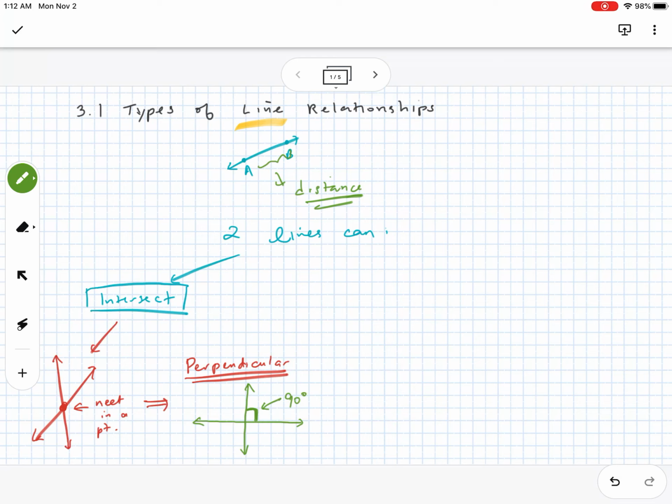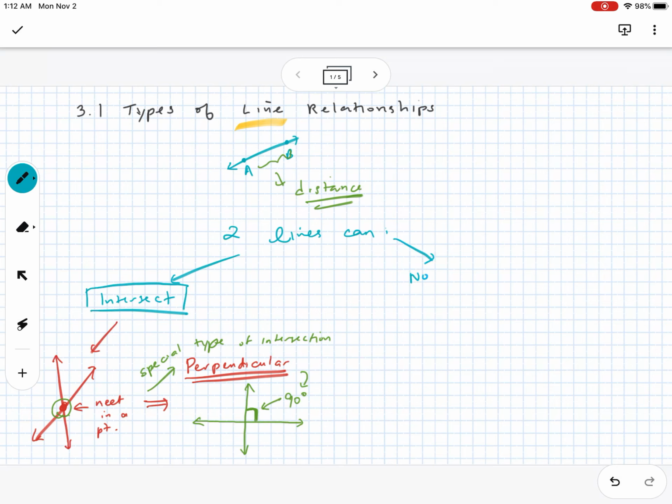Okay, so two lines can intersect, which usually means that they meet in a point, but a very special type of intersection is called perpendicular, and when they're perpendicular, they meet in this 90-degree angle, okay?